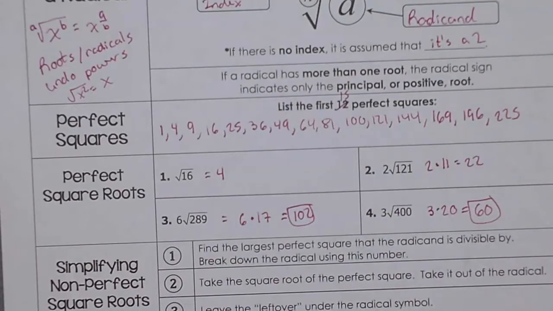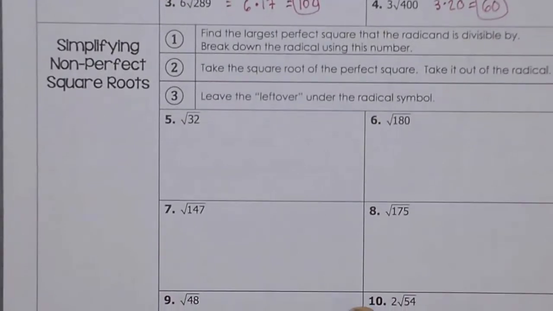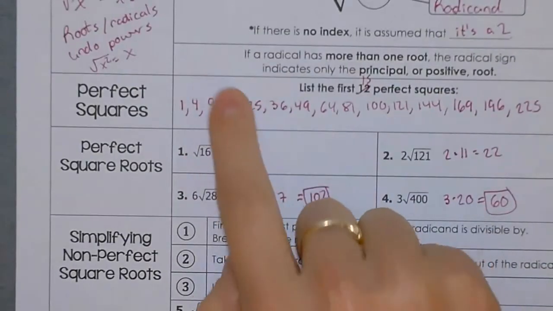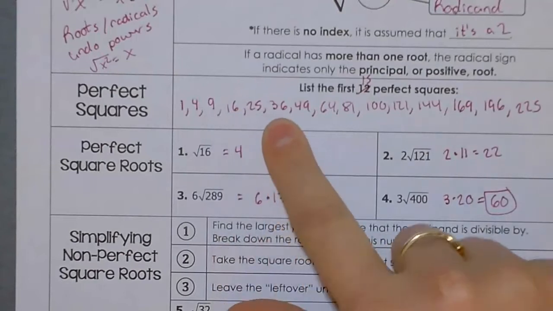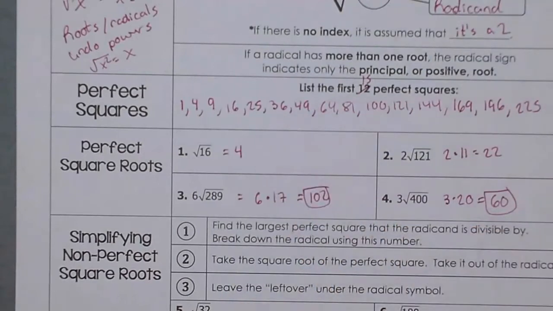What we're really after here is simplifying non-perfect square roots. So when you have a number like 32, if I were to try and take the square root of that, I would quickly notice that it's not on my list. In fact, it's somewhere between 25 and 36. So we could guess that it might be somewhere between 5 and 6, 5 point something.